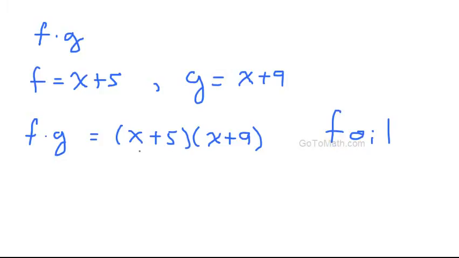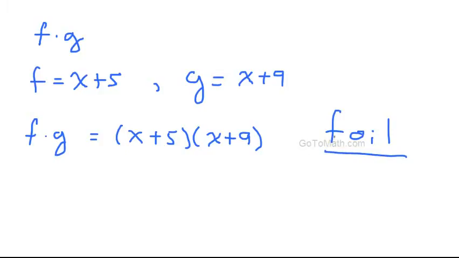But basically what you're doing is going through all the different combinations. You could also do the distributive property, taking the whole thing and multiplying it by x, then by 9. But a lot of the time we just follow FOIL.